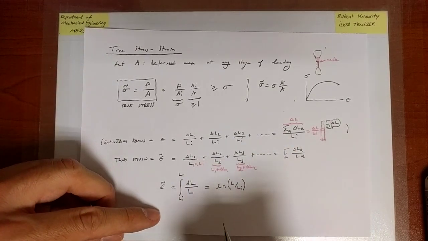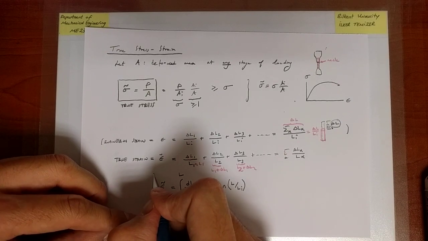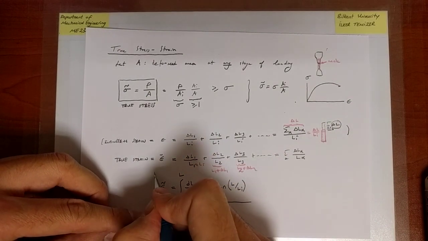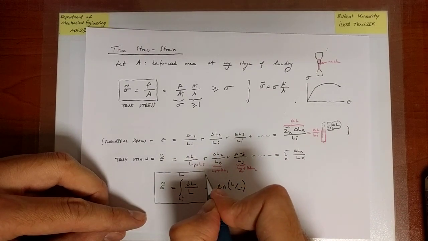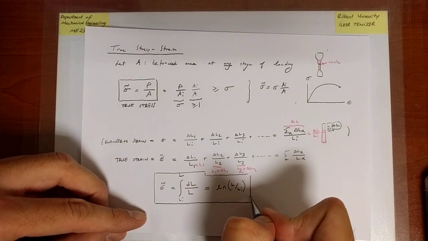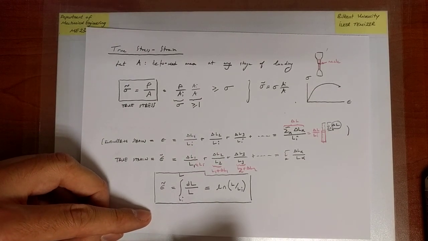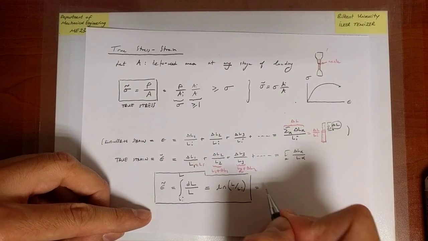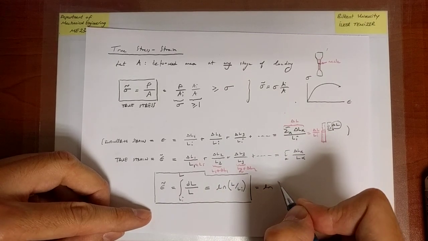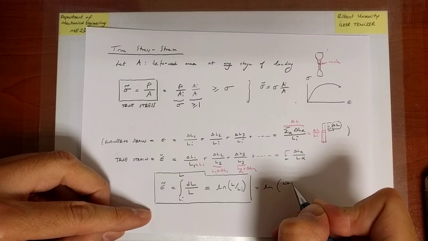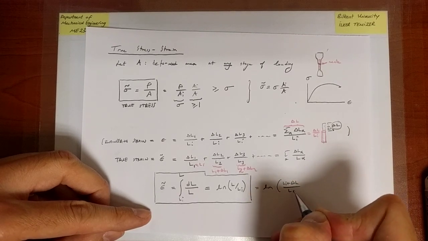Now, what you can notice is, first of all, these are definitions that we should know by heart. Okay, the true stress and the true strain. Now, I can write the same expression as Li plus delta L over Li.